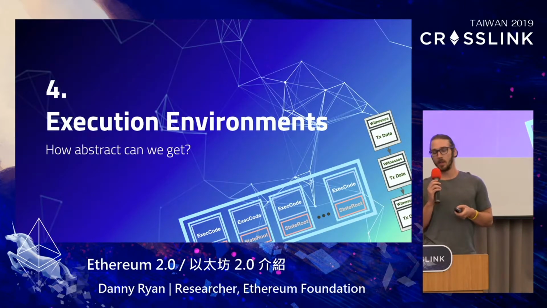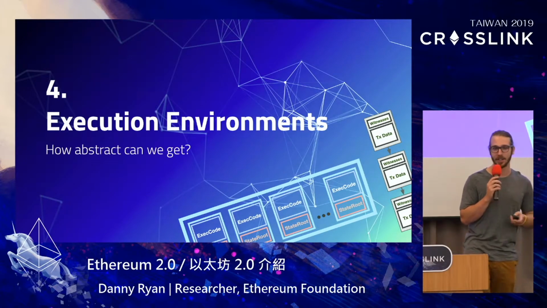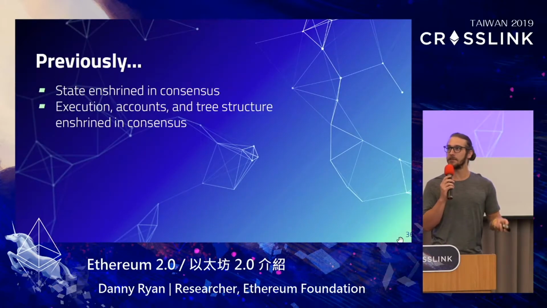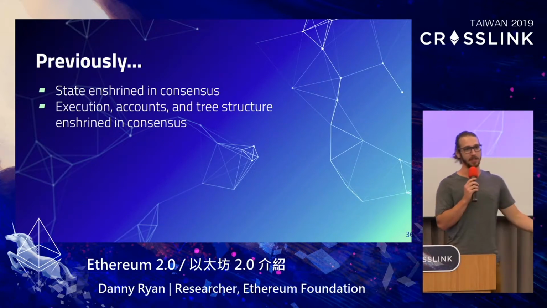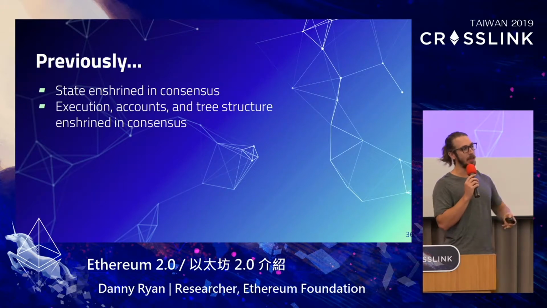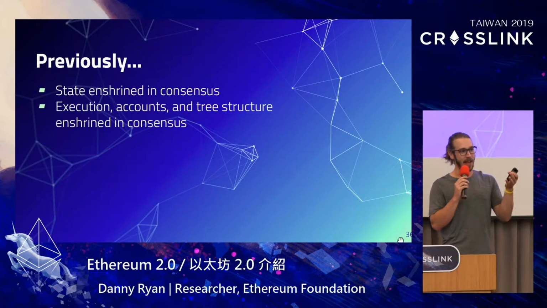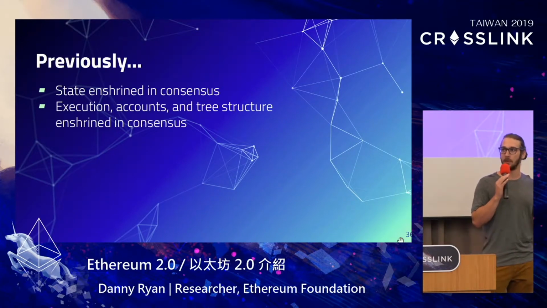Cool. So that's one thing that we've been thinking about and talking about a lot. This is another one. Execution environments. How abstract can we get? And is it worth it? So previously in ETH2 designs and in the current Ethereum 1 chain, we have this very stateful model in the sense that the core consensus assumes that it has access to all of the state at all times to both read from and write to.